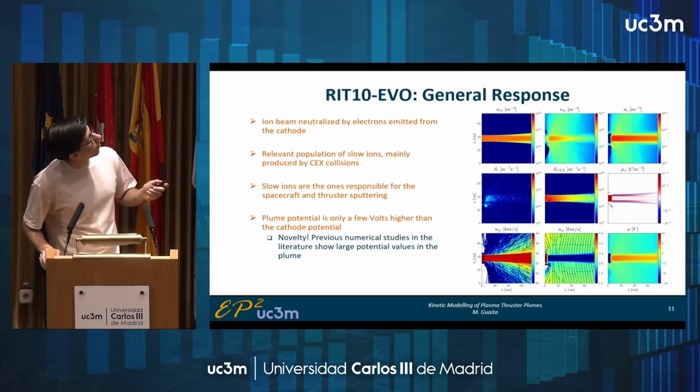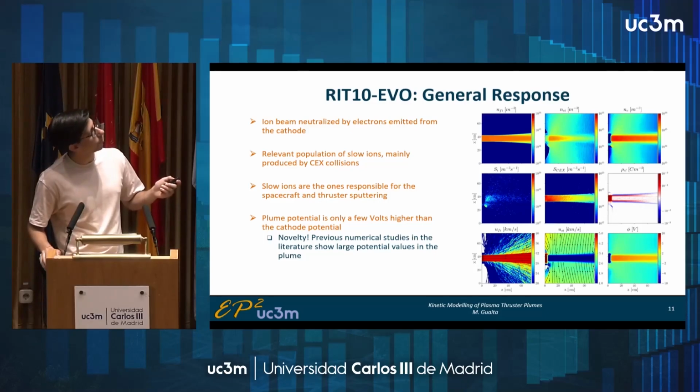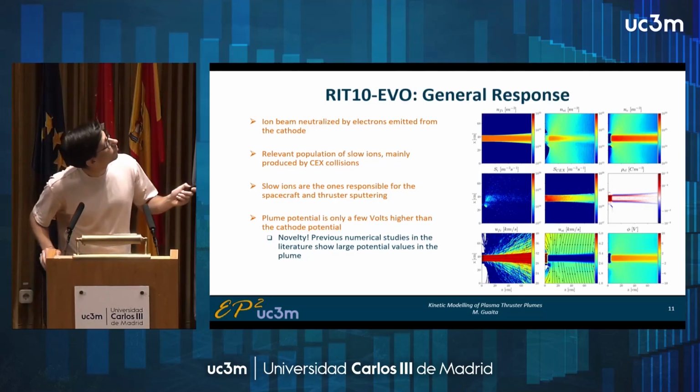And okay, let's start from the general plasma response. So here there's, again, too much detail, but let's look at the two plots up on top here. These are the fast ions that I was telling you, and these are the slow ones.